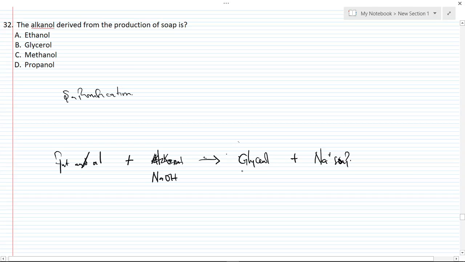The key word here now is glycerol. We know that the alkanol produced is glycerol, so it's not option A or C or D. Correct option is option B.